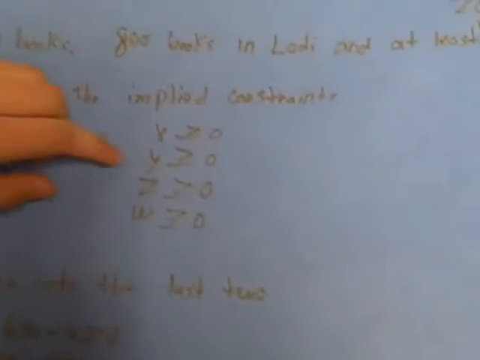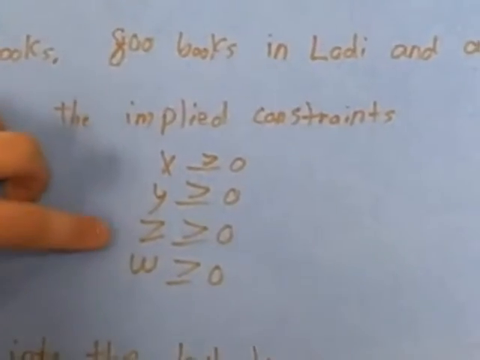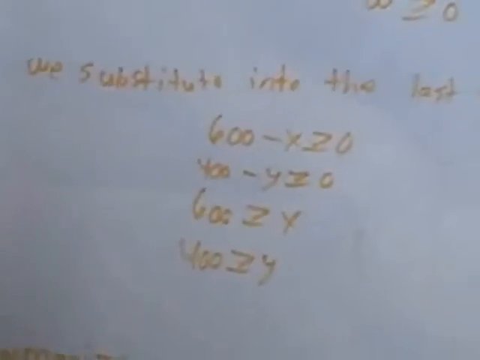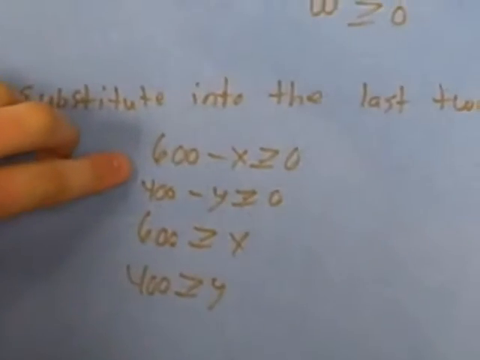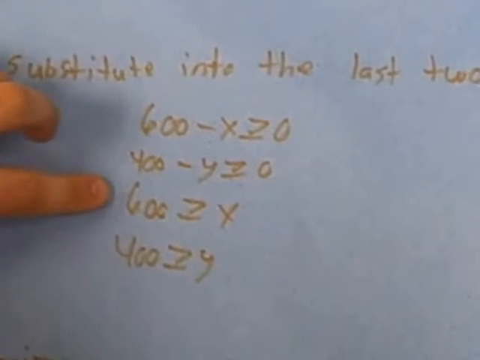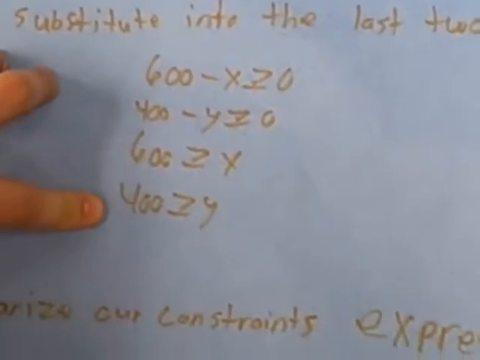The implied constraints are x greater than or equal to 0, y greater than or equal to 0, z greater than or equal to 0, w greater than or equal to 0. We substitute in the last two to get 600 minus x greater than or equal to 0, 400 minus y greater than or equal to 0, so 600 greater than or equal to x, 400 greater than or equal to y.